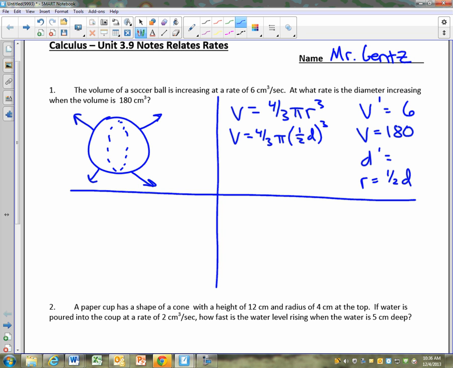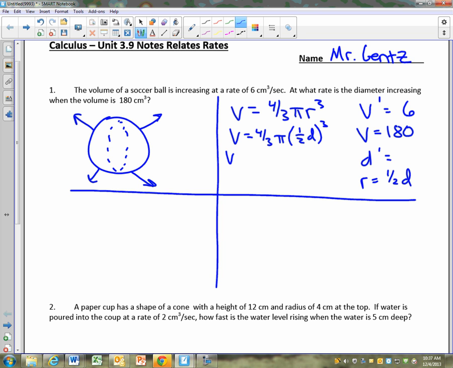So now I have a new formula. Now, I want you guys to be careful here, because here's what happens. If you leave it like this and take the derivative, you would have to use the chain rule, because you have a function inside a function. You don't want that. So just multiply it out so you kind of have your monomial term out here, that kind of polynomial shape.